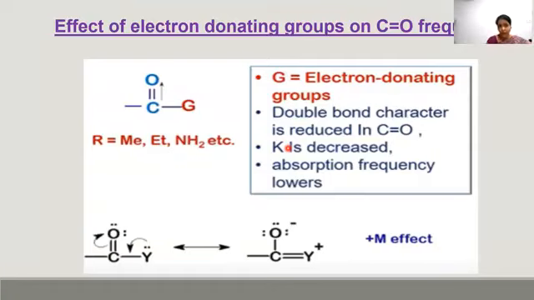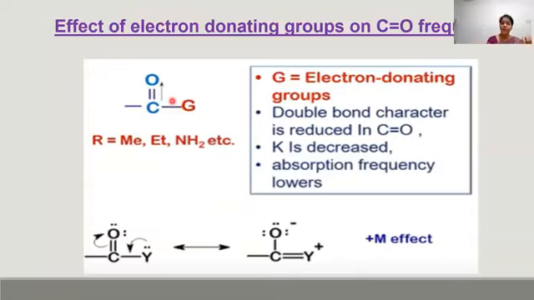These groups may be methyl, ethyl or NH2, and they are considered electron donating groups. When these groups are attached to the carbonyl group, they donate electrons towards the carbon, and since oxygen is more electronegative, there is a flow of electrons from carbon to oxygen.